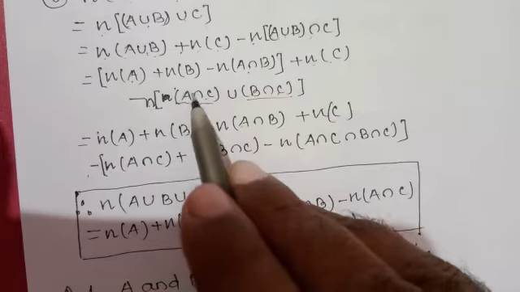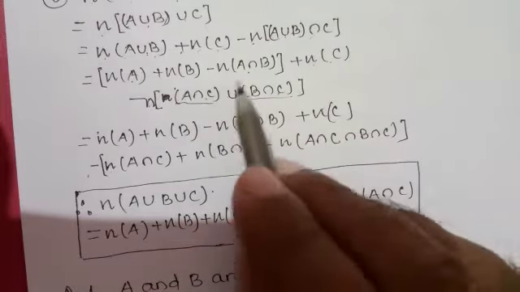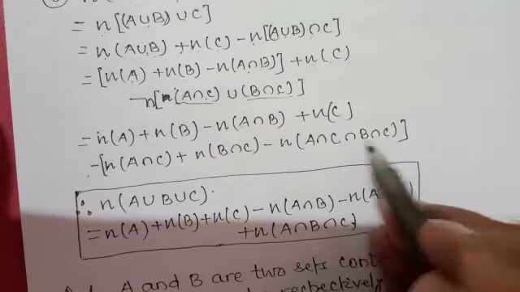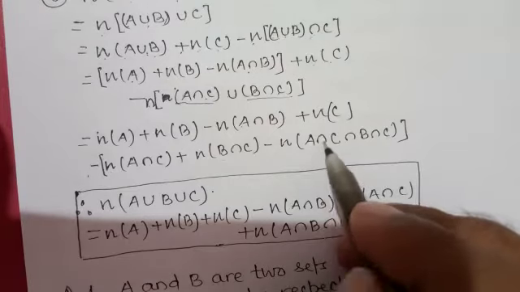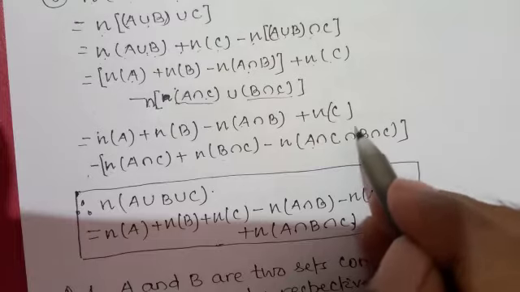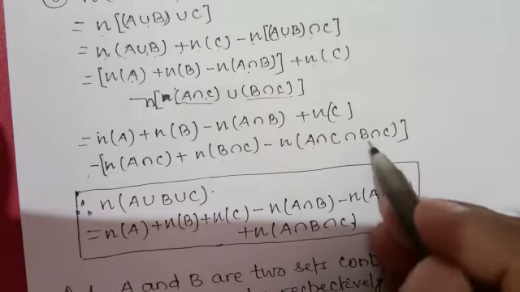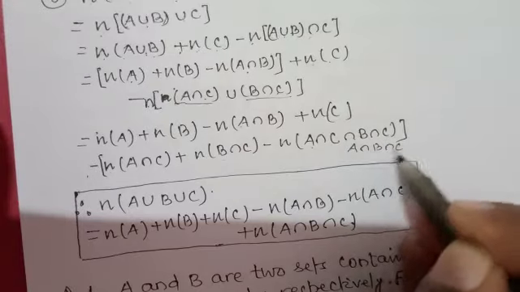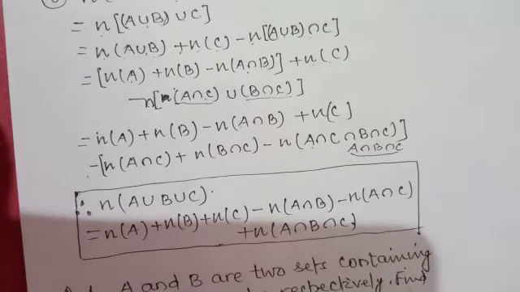So it should be (A intersection C) intersection (B intersection C). Intersection C is common there, so overall it should be written as A intersection B intersection C.